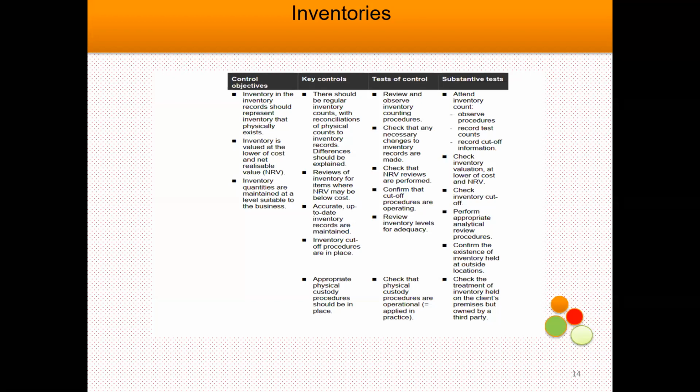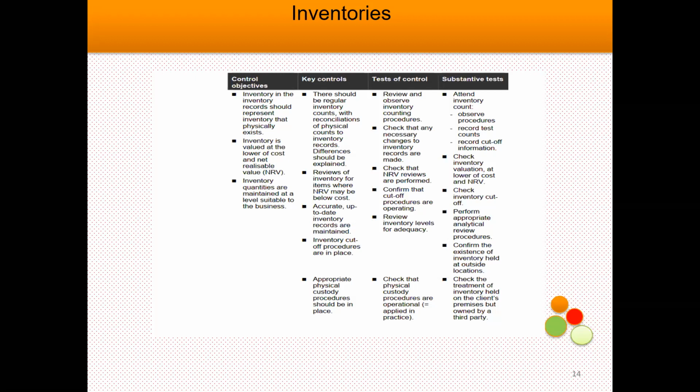Now, test of control: observe inventory counting procedures or review them. Inventory records have to be kept, and confirm cut-off procedures are operating. Substantive tests: here you check inventory value and inventory cut-off.